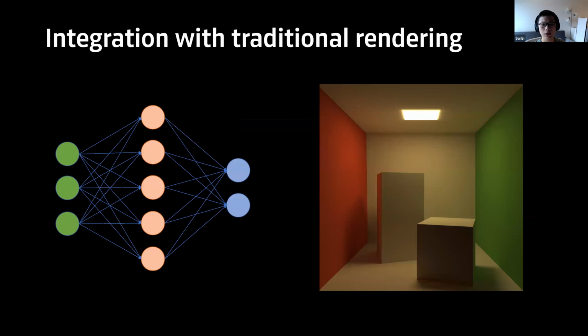I'm also interested in investigating how to integrate the learned new representations with classical rendering pipelines. Currently, new representations need specific decoders for rendering, while traditional mesh and material representations are rendered with rasterizers or physically based path tracers.